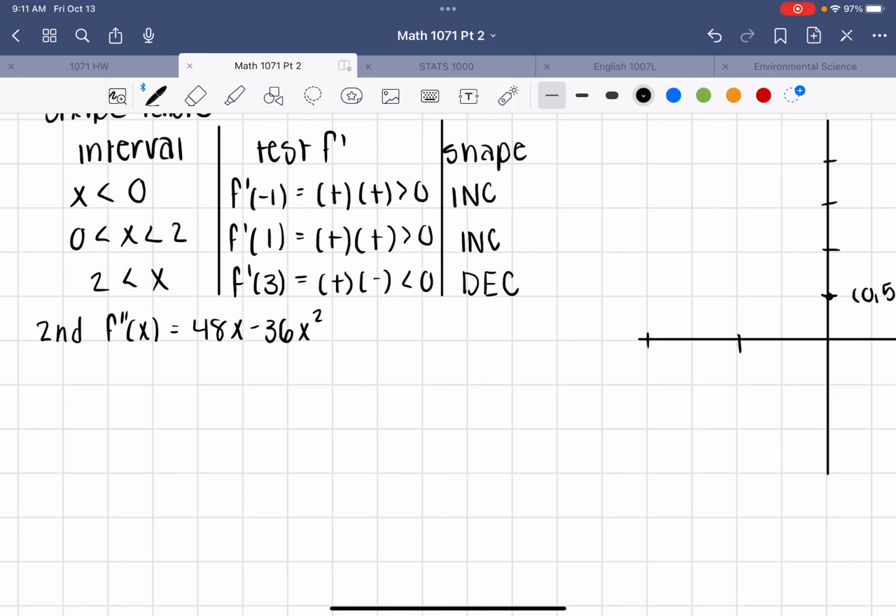So again, I want to set that equal to 0 to solve. And how about if I factor it? Let me factor out a 12x, leaving me a 4 minus 3x. 3 times 12 is 36, x times x.